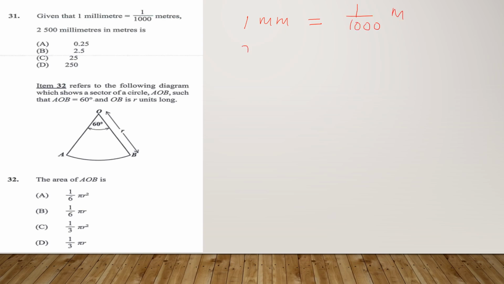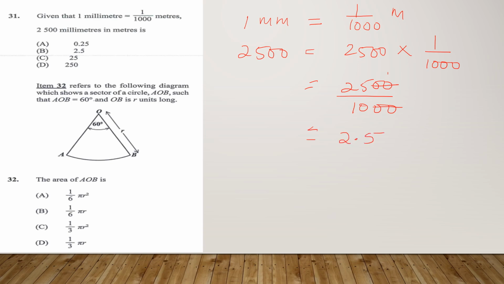So 2,500 would equal 2,500 times 1 over 1,000, and that is equal to 25 over 1,000. I'm going to cross off these two zeros. So 10 into 25, that's 2.5. So the answer is B.